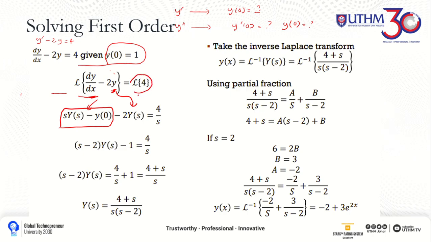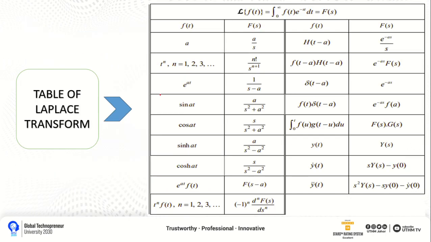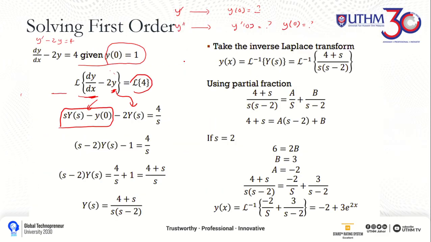When we refer to the table of Laplace transforms, 4 is a constant, so when we do the Laplace transform you will get a over s. Since our function is 4, you will get 4 over s. This is step 1, so you do the Laplace transform for both sides.